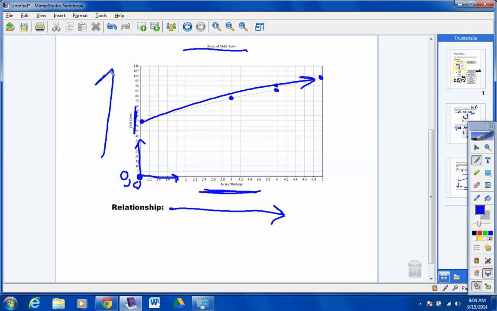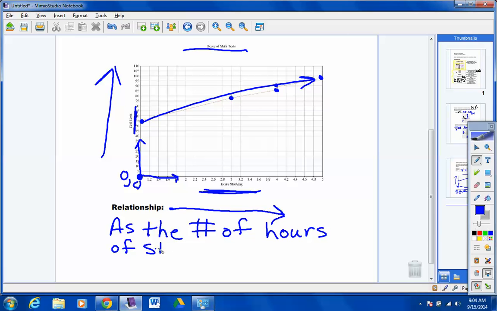So Maddie's relationship, I think, and correct me if I'm wrong phrasing this, but I think Maddie's saying as the number, and I'll abbreviate some stuff up here, as the number of hours of studying increased, the scores on the test did what?